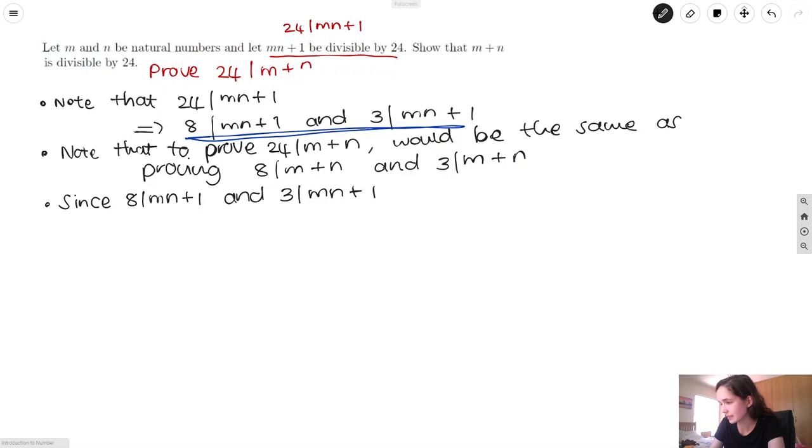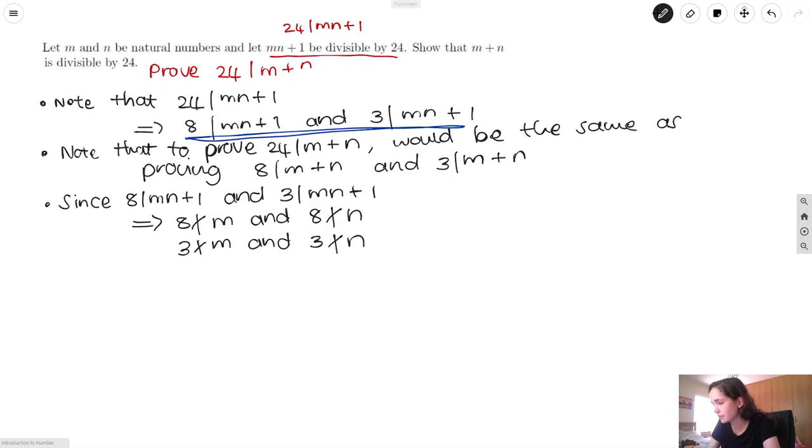this means that 8 does not divide m and 8 does not divide n, as well as 3 does not divide m and 3 does not divide n.